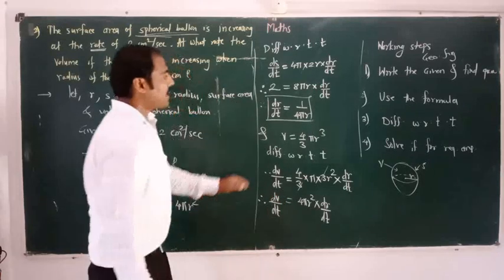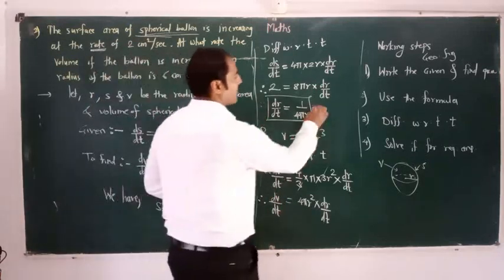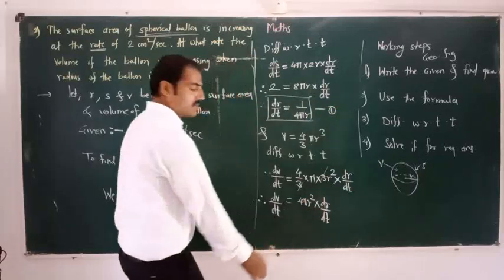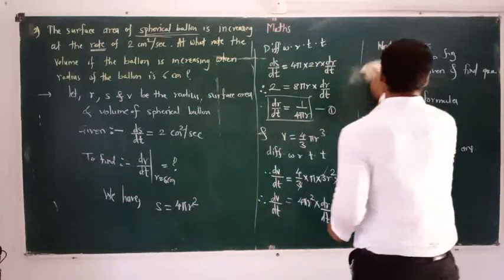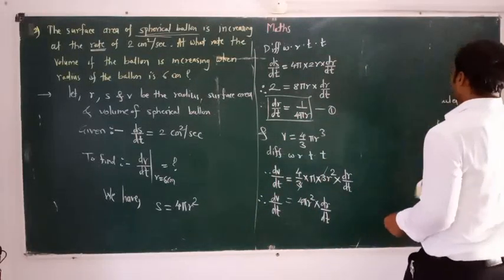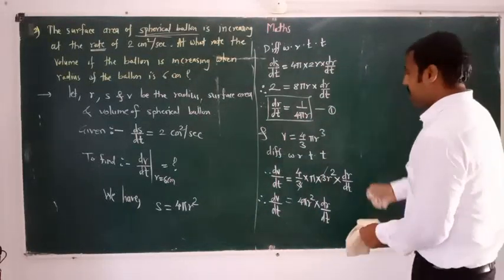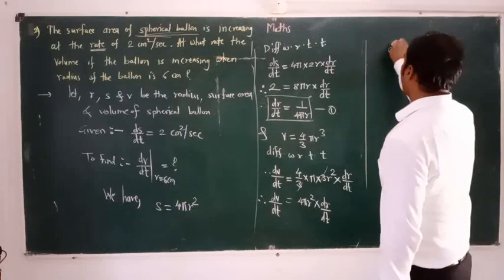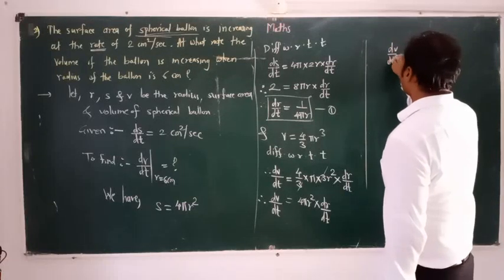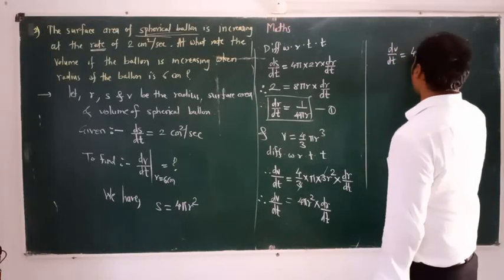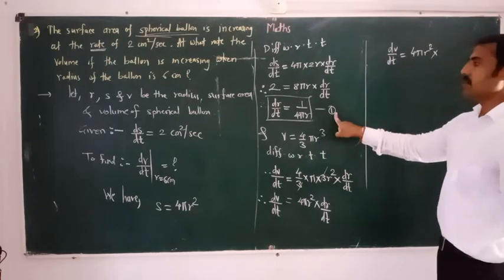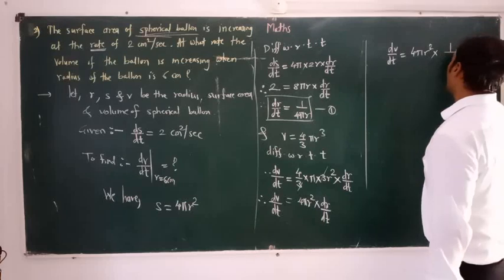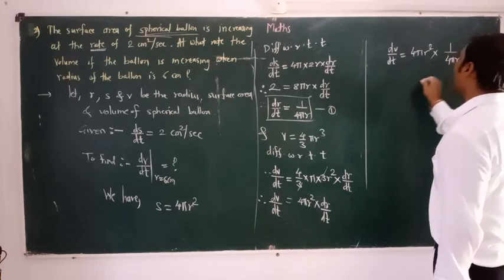Now I can put the value of equation 1 in this equation. Therefore I write dV/dt is equal to 4 pi r square into dr/dt, which is 1 upon 4 pi r.